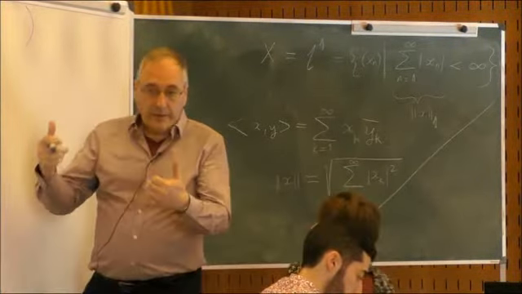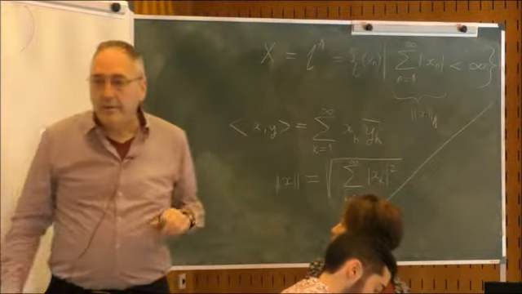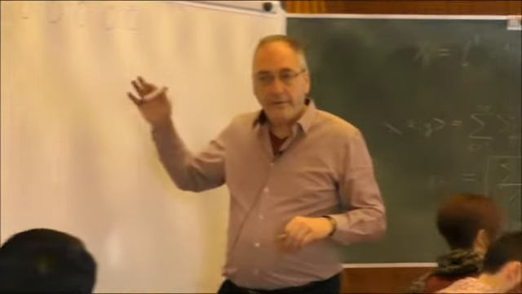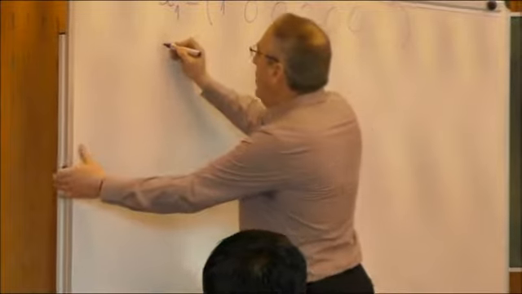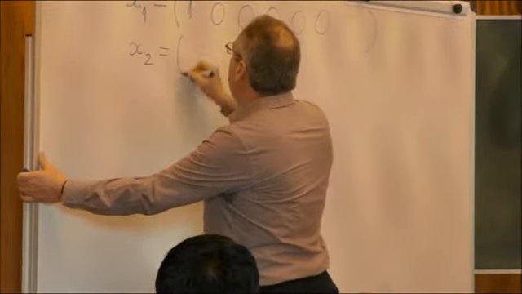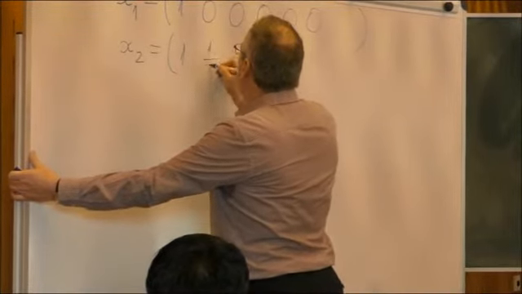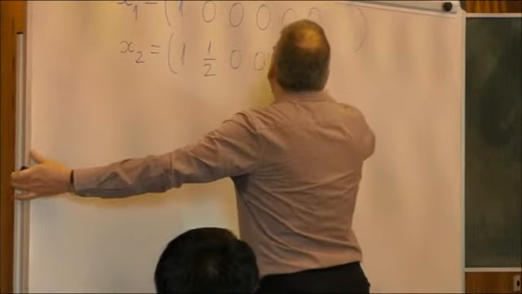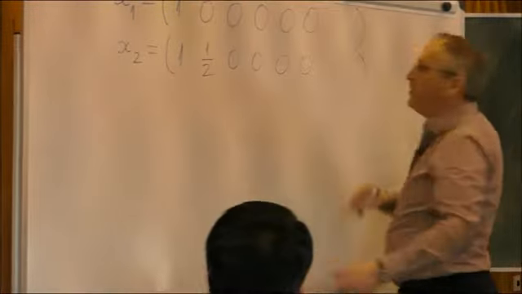That is one vector in X. Is that obvious? Now x2 is 1, 1/2, 0, 0, 0, infinitely many times.